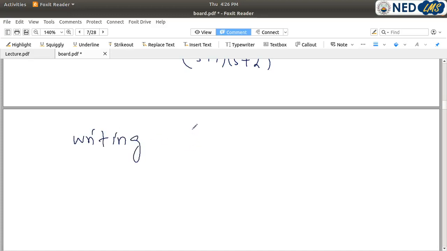Writing partial fractions of the factors.